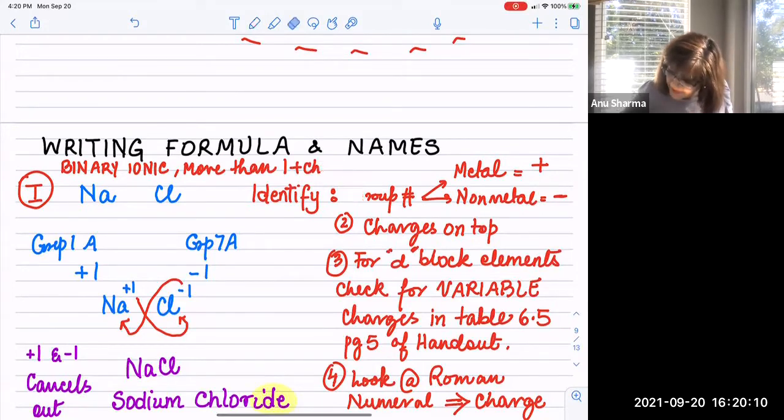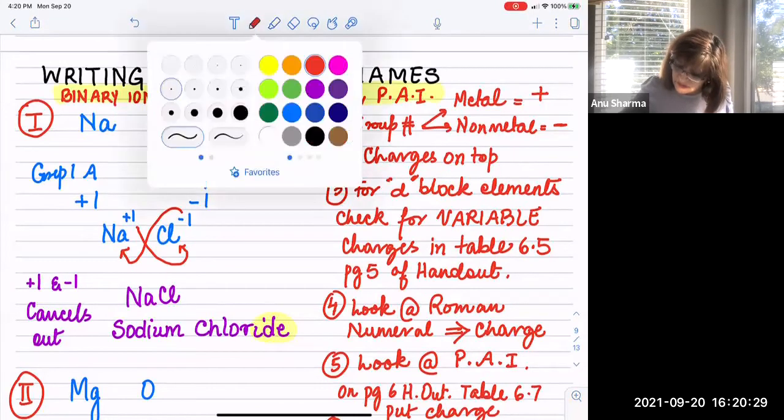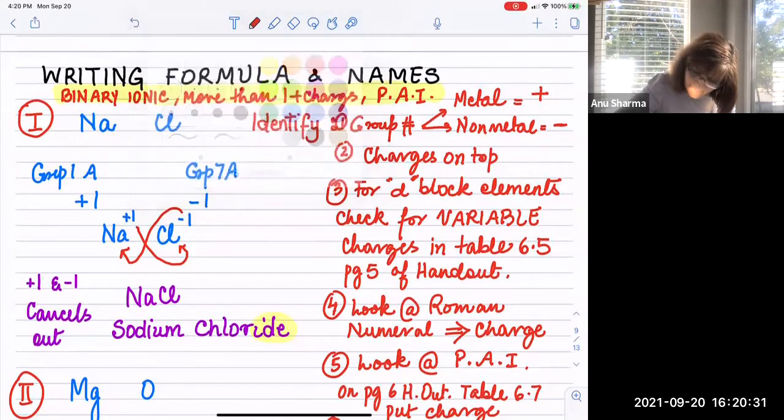And we have polyatomic ions. This is what we did just now, 3 sets.